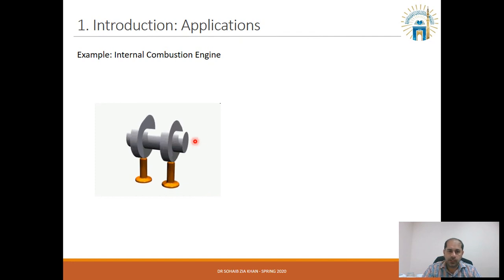Once again, I'll quickly repeat: this is the axis of the shaft, this part is the cam, this part is the follower. When the cam is rotating, depending upon the profile of the cam, this follower will go up and down to perform a specific motion.